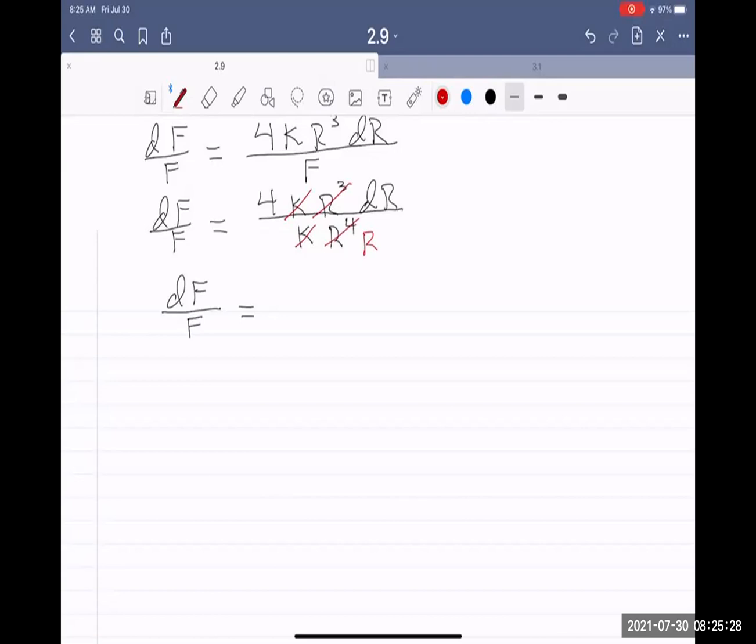So you just have r in the denominator. And so this is equal to 4 times dr over r.